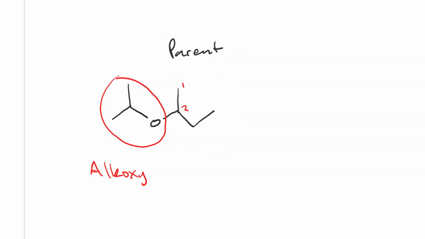We number the parent to give the lowest locants. So this is going to be a 2-alkoxy butane. Now it's just a matter of naming the alkoxy group. Commonly it's isopropoxy, but we could also name it as a complex substituent.